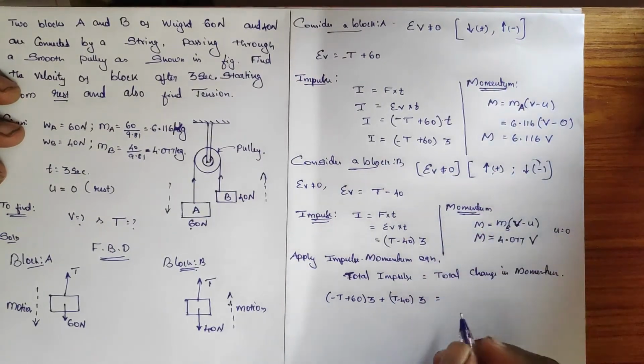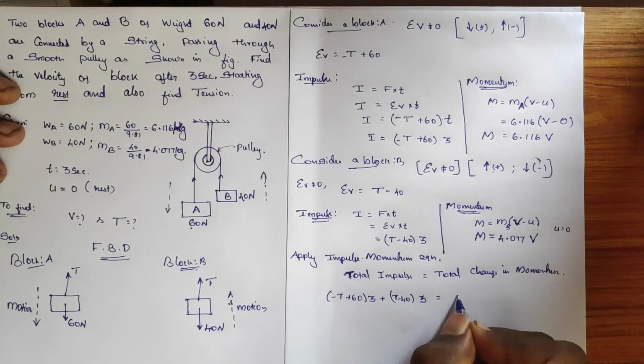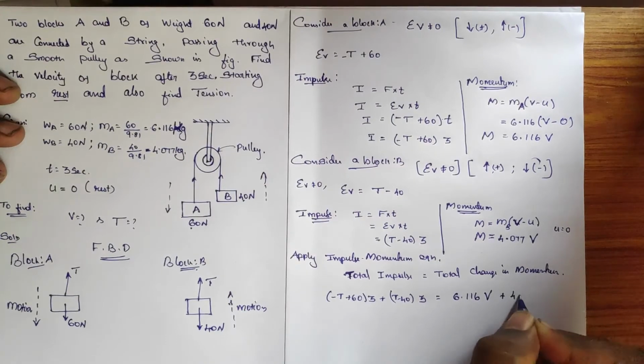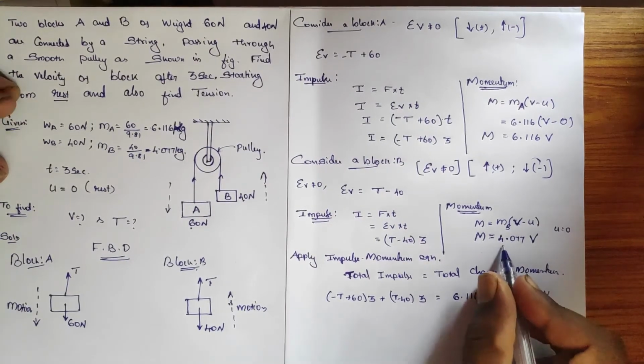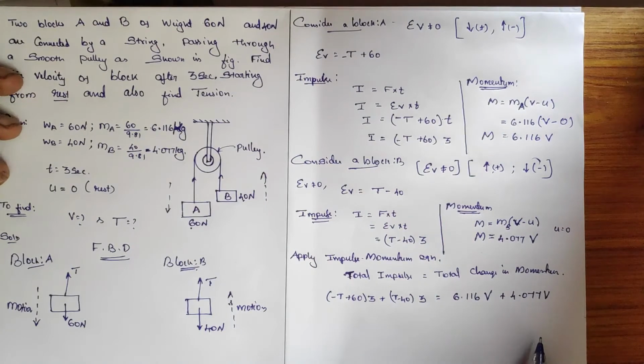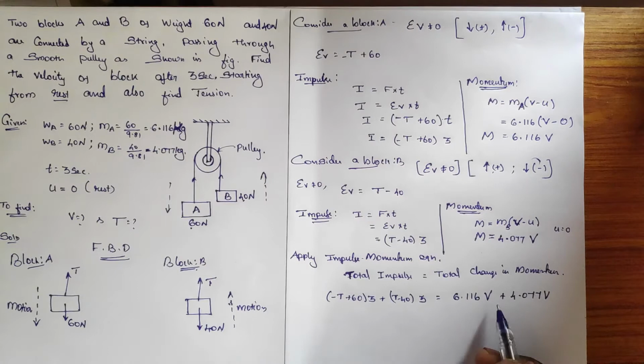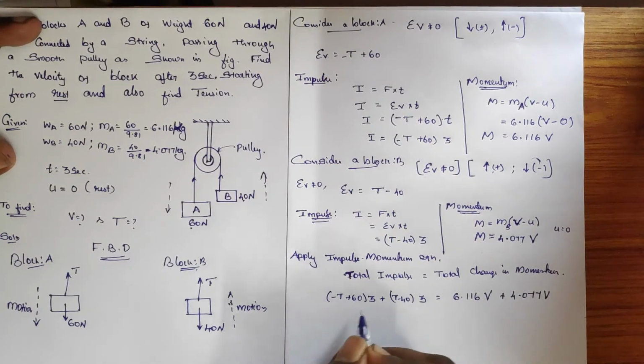Both the things we need to add: the momentum at block A, which is 6.116 into V, plus 4.077 V, which is the momentum for block B. Both the things just add it, something like this. When you equate it by taking the T terms one side and keeping the V terms on the other side, we can get the value for V. So when you simplify it, I can say minus T plus 60.